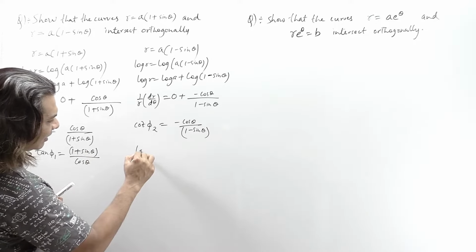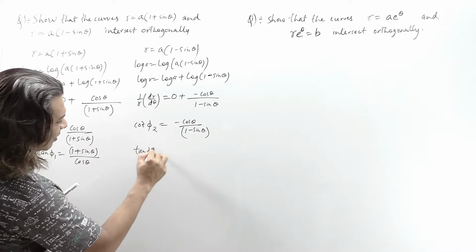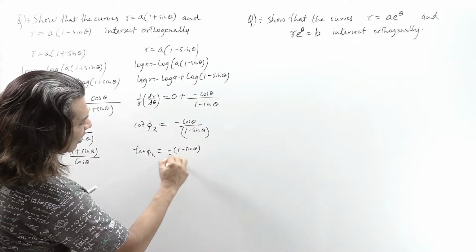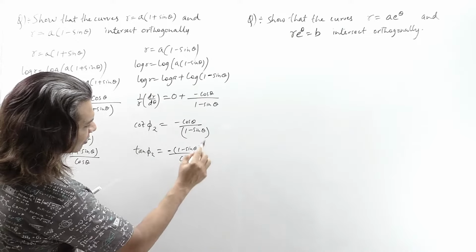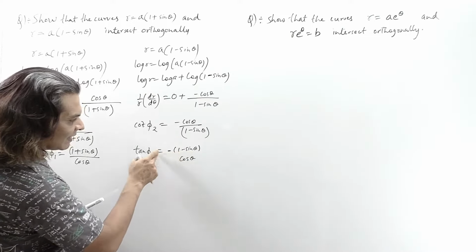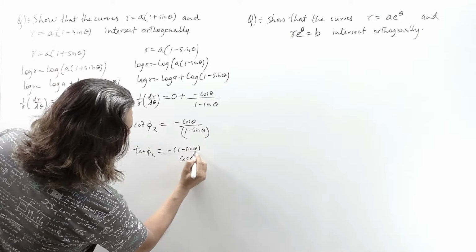Similarly, tan of phi 2 will be minus 1 minus sine theta upon cos of theta. Am I right?